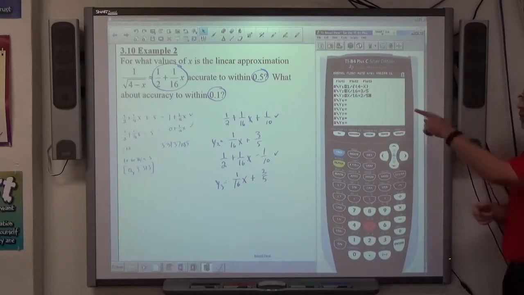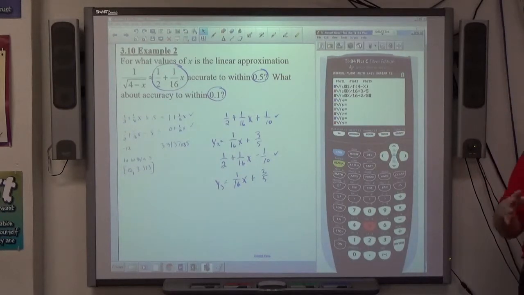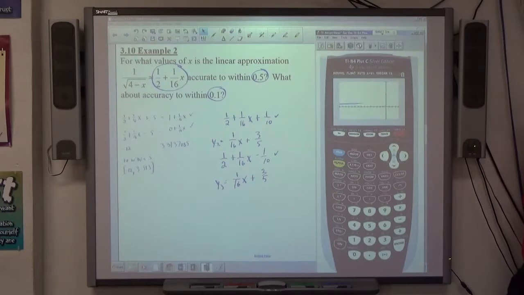And again, this is going to be above the curve, this is going to be below the curve, and again, I'm looking for that window of opportunity, and I know it's going to be smaller, so if I keep the same window, it should be in there. Might not be as easily seen, but we'll find out.